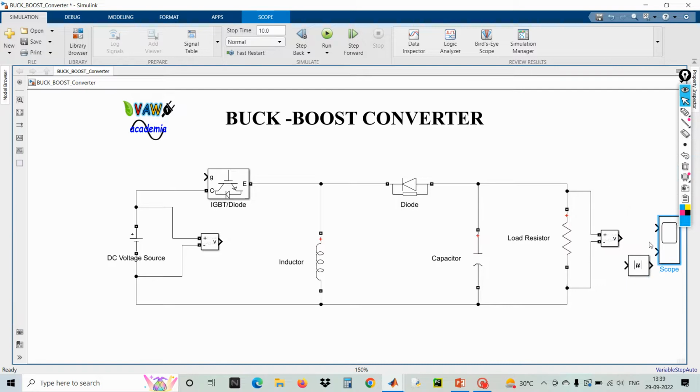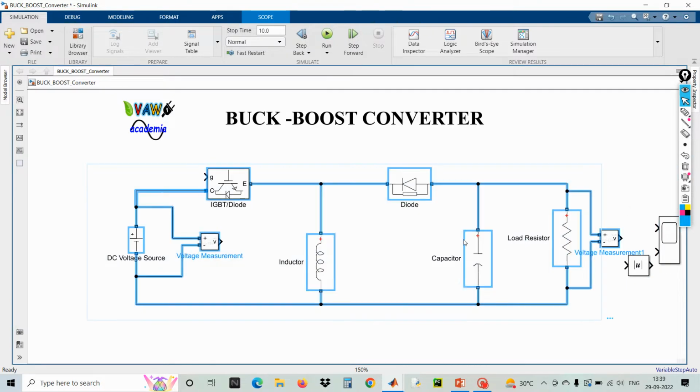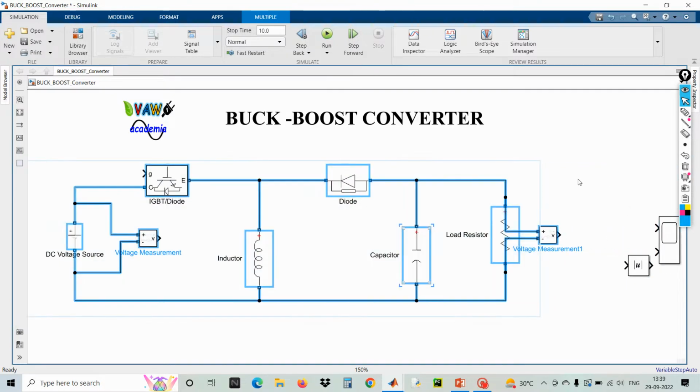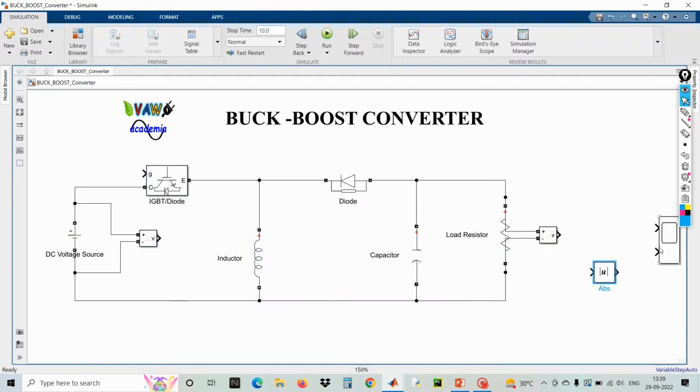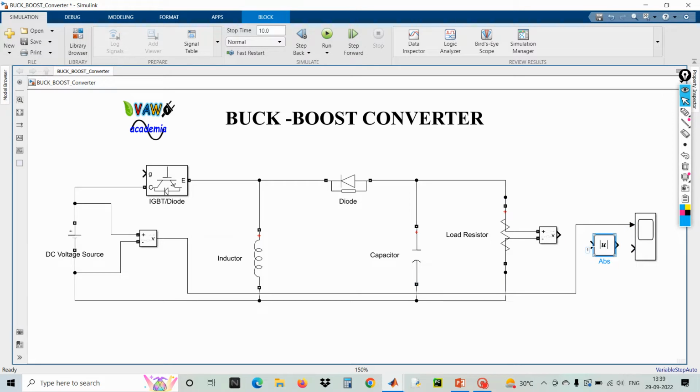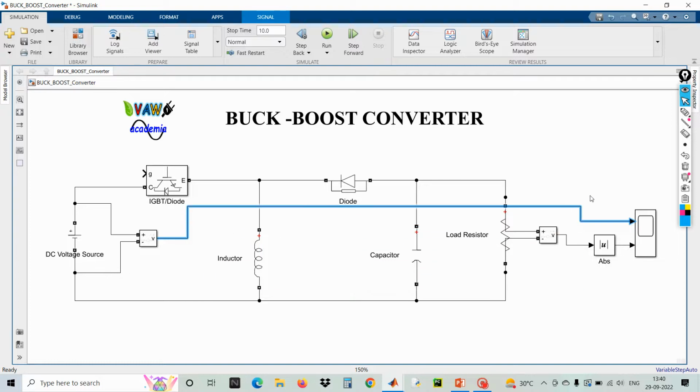So now our input is directly connected here. In between the output and the scope, I'm going to connect this absolute term to avoid that negative signal. Okay, so this is as per the equation, as per the design.